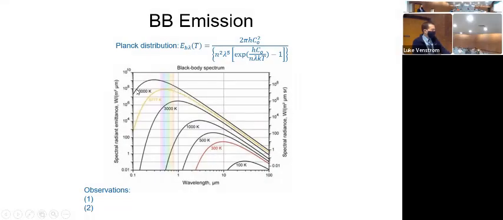Planck came up with these sets of curves for how a black body emits radiation. These curves show you how that happens as a function of temperature and of wavelength. Wavelength is on the x-axis, and you have different curves for different temperatures. What's on the y-axis is the radiative power, the emissive power. It's called the spectral emissive power. So it's the watts per square meter at a particular value of the wavelength.